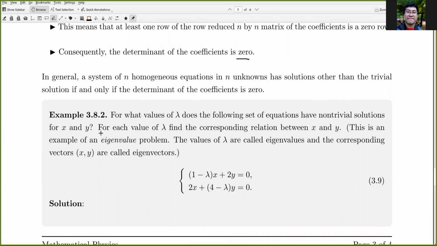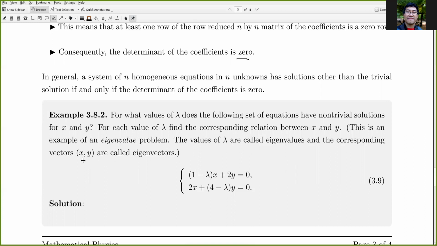Another task here is that for each value of lambda, find the corresponding relation between x and y. This is an example of an eigenvalue problem. The values lambda are called eigenvalues, and the corresponding vectors x, y are called eigenvectors.